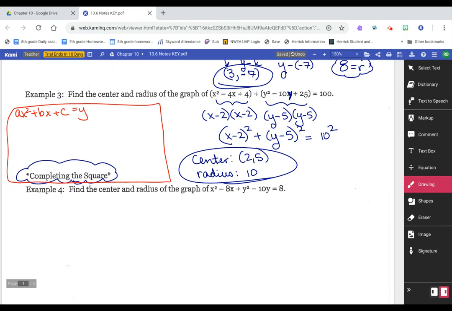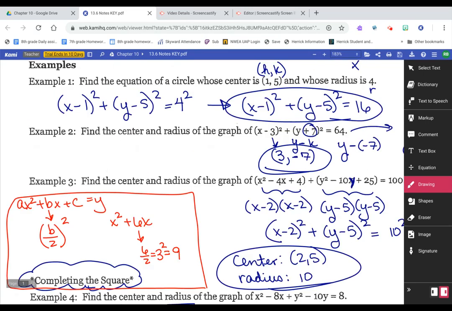We are going to complete the square by taking b, dividing it by 2, and then whatever that number is, you square it. So for example, if I had x² + 6x and I wanted to complete that square, you would take the 6, divide it by 2, which is 3, and square that to get 9. Once you get 9, in order to complete this, you would add it here, and now this is completing the square.